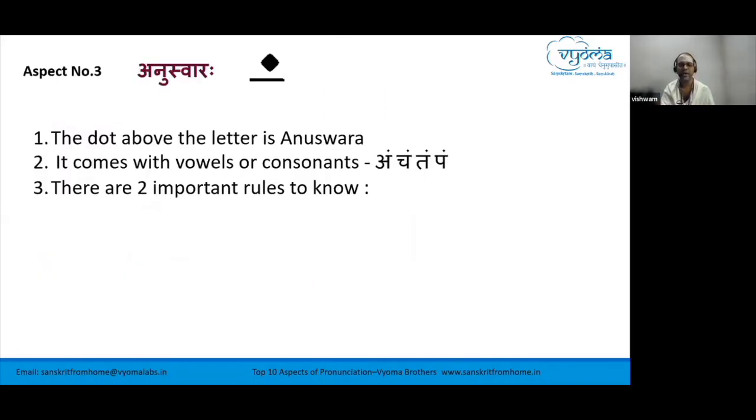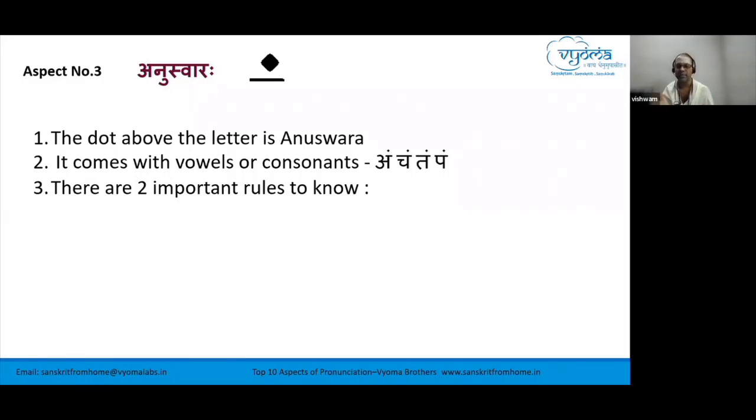Out of this, we started with Anuswaraha, wherein that dot we call Anuswara. Technically, there are a lot of definitions and some more nuances. For now, we will take it as the dot which is there above the letter. It comes only after a swara.